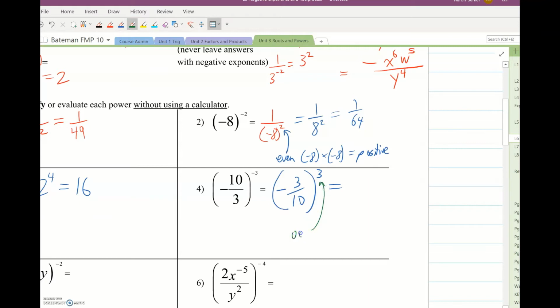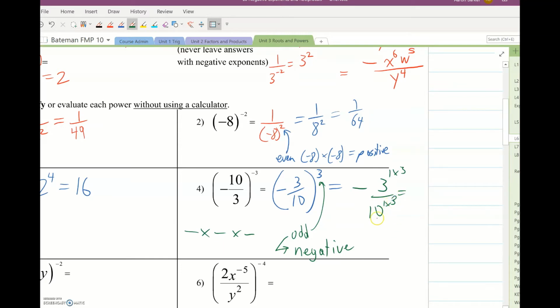Okay, everything flips. Now, you have an odd exponent. So what kind of final answer are you going to have? Negative times the negative times the negative, which is a negative answer. So when you drop your brackets, you keep your negative sign. Good. On 1 times 3 up top, 1 times 3 on the bottom. Don't think that it just happens by magic.